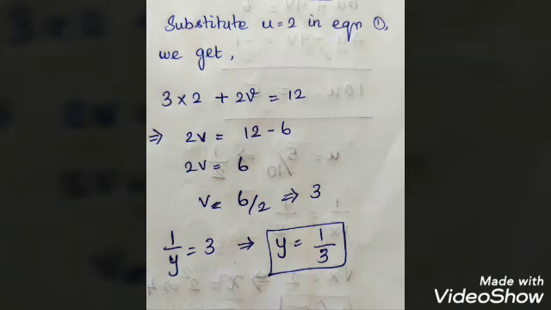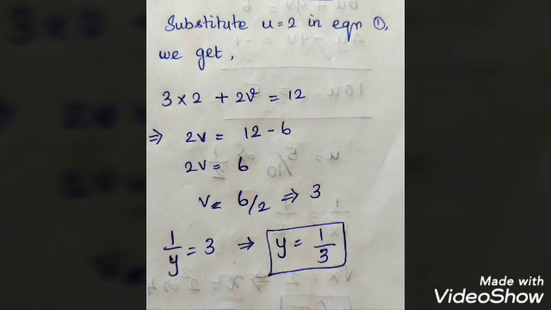Now what are we going to do? We substitute the value of u, remember, not the value of x, the value of u, in equation number 1. So 3 into 2 plus 2v equal to 12. 2v equal to 12 minus 6. 2v equal to 6, so v is 3. So 1 by y equal to 3 because v equals 1 by y.